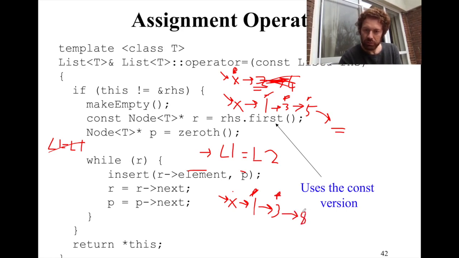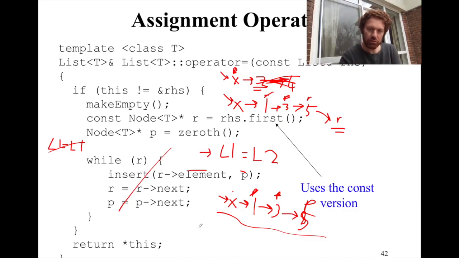So 5 comes here. P is equal to P dot next, and R is equal to R dot next. So R is null. Be careful. While R is not null, it continues. But since R is null, I need to say goodbye. So this is over, and return this, which is the new L1.